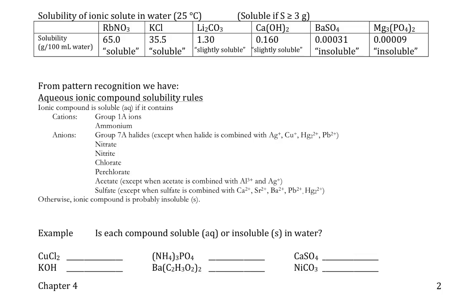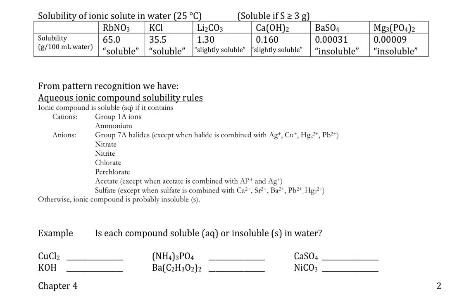An ionic compound is soluble, that is aqueous with water, if it contains cations that are from group 1A on the periodic table. That would include the lithium, sodium, potassium group, or if it contains ammonium as the cation. So if we see those, we would call it soluble for the most part, aqueous.